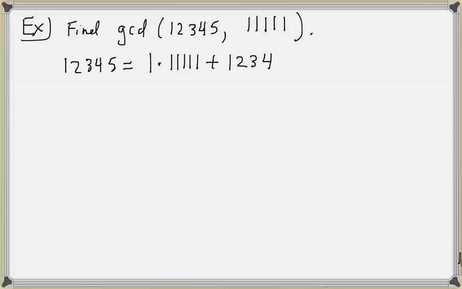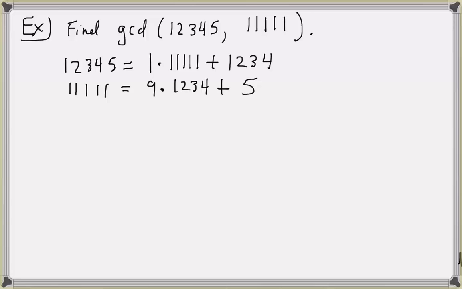So now I'm going to take the remainder of 1,234 and divide it into 11,111. So that goes into 11,111 9 times. So this equals 9 times 1,234. And that's going to leave a remainder of 5.